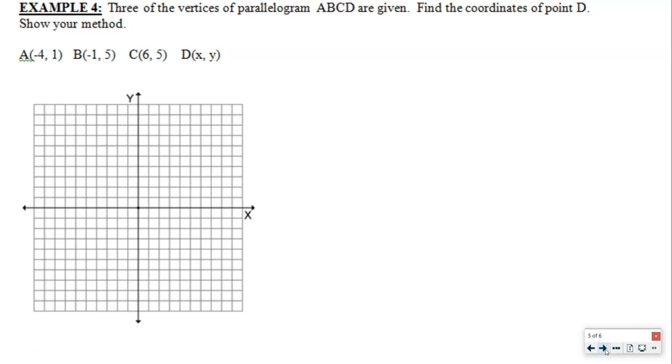So first I'm just going to plot those points. A is at negative 4, 1. So 1, 2, 3, 4, up 1, left 4, up 1. That's at point A. Point B is negative 1, 5. So left 1, up 5.